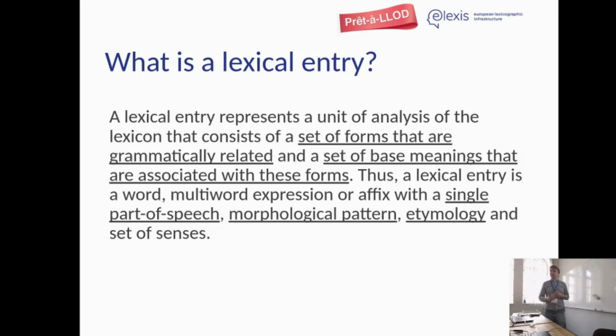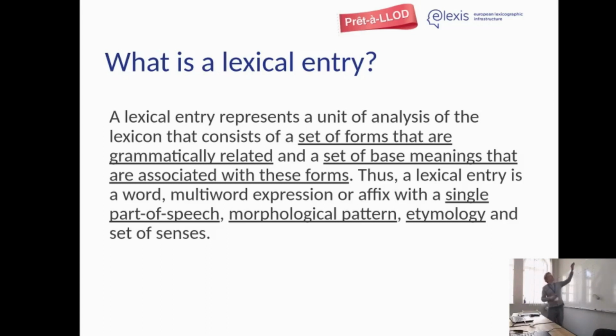In these cases, different gender and different plurals, they are distinct lexical entries because they have distinct morphology. And also, finally, a distinct etymology. The distinct etymology means that if a word comes from a different root, if it seems to be a different word, then it is a different lexical entry.